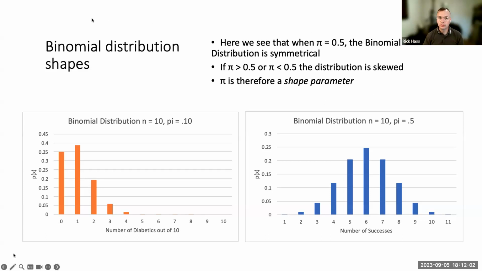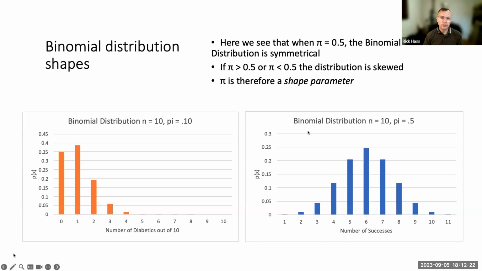Now, if in the population, pi is a coin flip, essentially 50-50, we get this nice symmetrical distribution here, which actually should go from 0 to 10, not 1 to 11. Sorry about that.